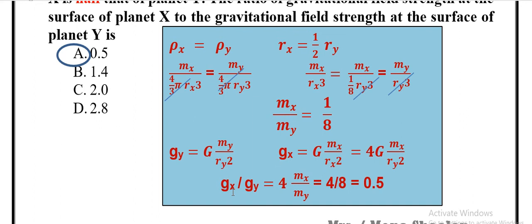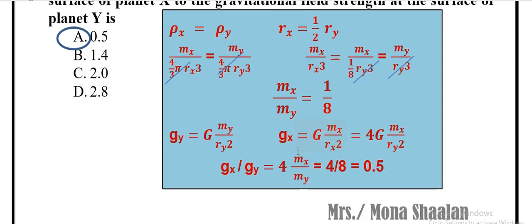So Gx over Gy equals, G will be cancelled with G and Ry squared with Ry squared, so the relation becomes 4 Mx over My. Mx over My equals 1 over 8, so Gx over Gy equals half. The ratio equals half.